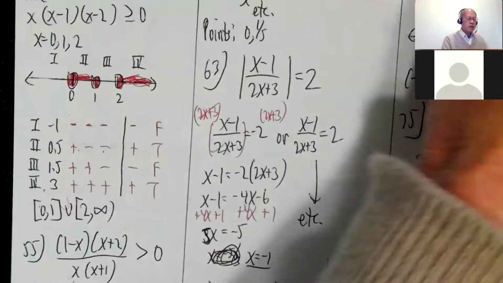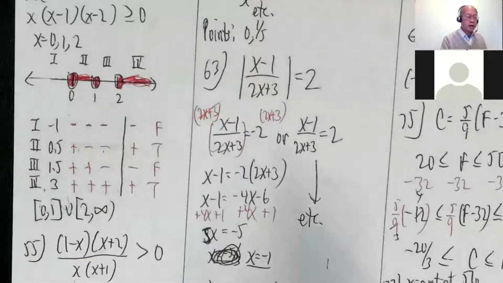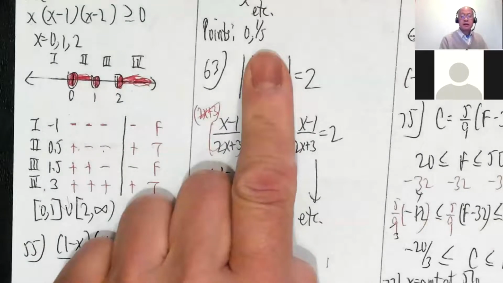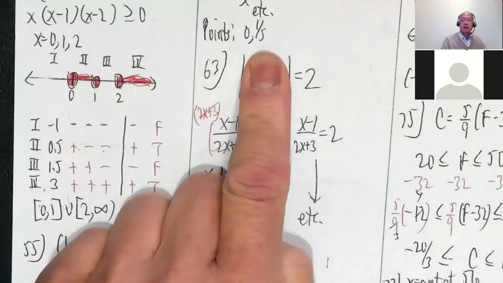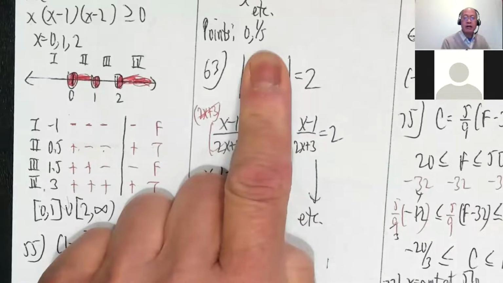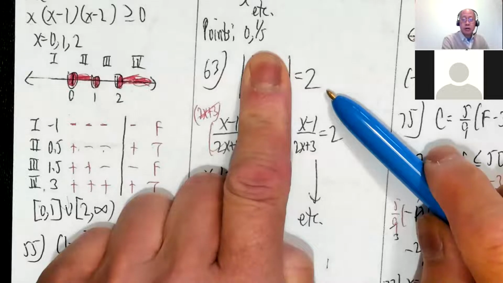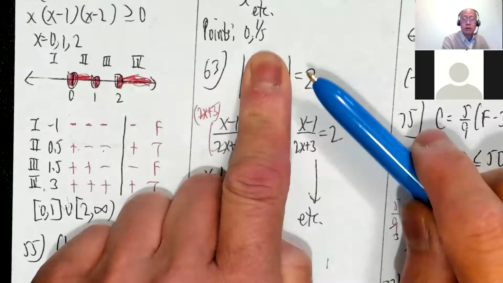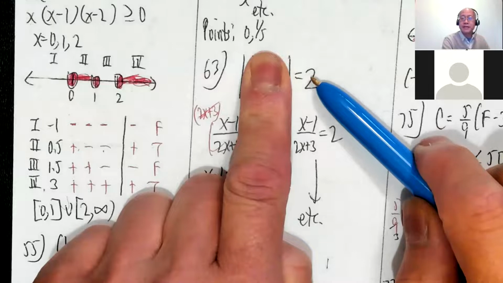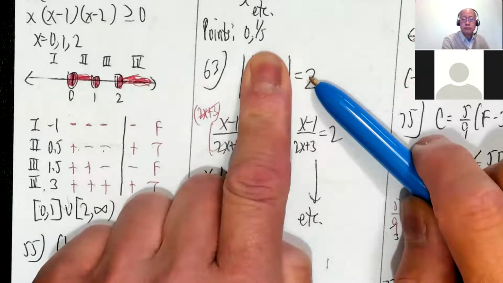Okay? You might look at this and freak out and say, oh man, that's so complicated. Well, let me just go like this. Does that make it easier? I've got my finger there. Absolute value of blah, blah, blah equals 2. Then I ask myself, behind my finger, what number or numbers would make it true?